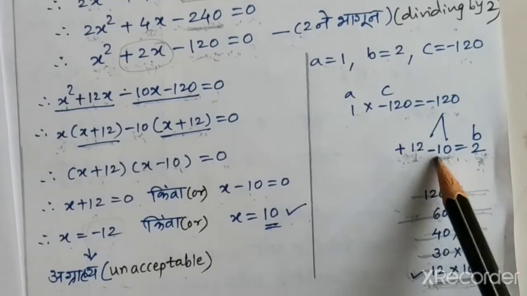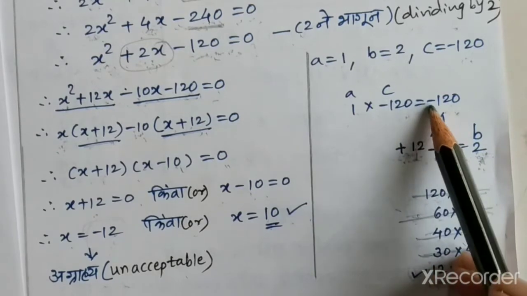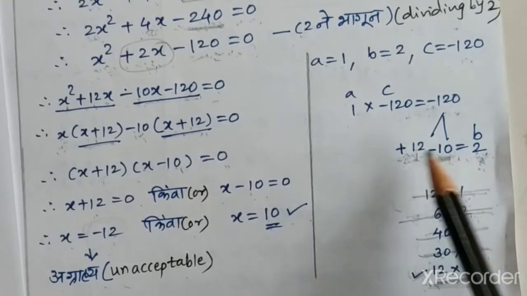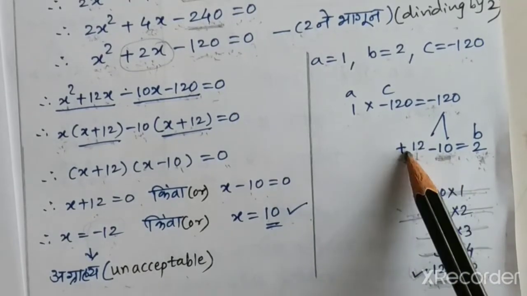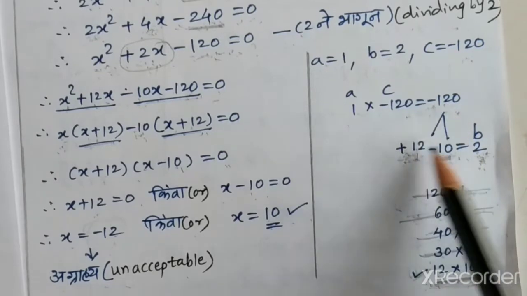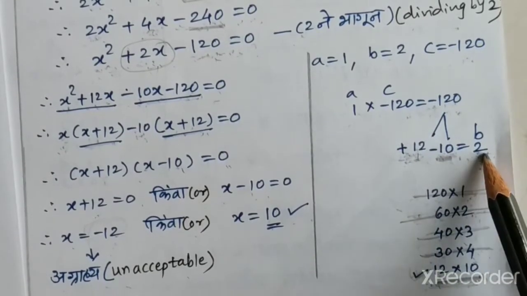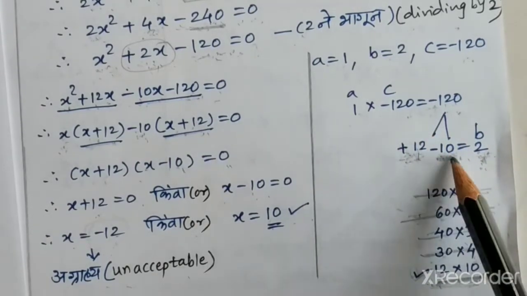Now we have to decide the sign of the small number. Whenever the product of a and c is negative, the two numbers have different signs. So here 12 is plus, so different means this must be minus. So 12 into 10 is 120 and 12 minus 10 is 2. So all the conditions are satisfied by these two factors.